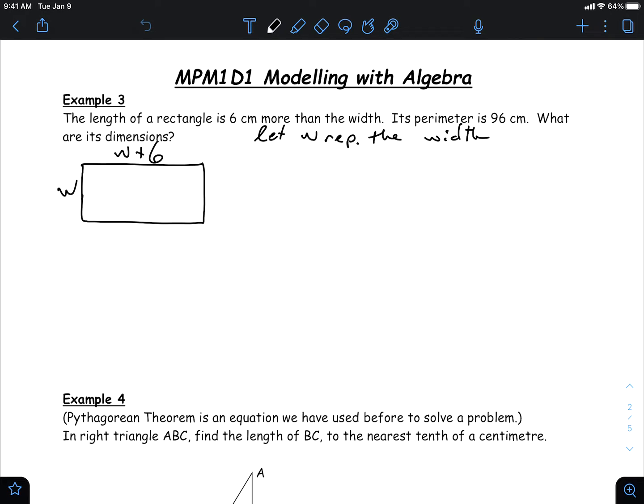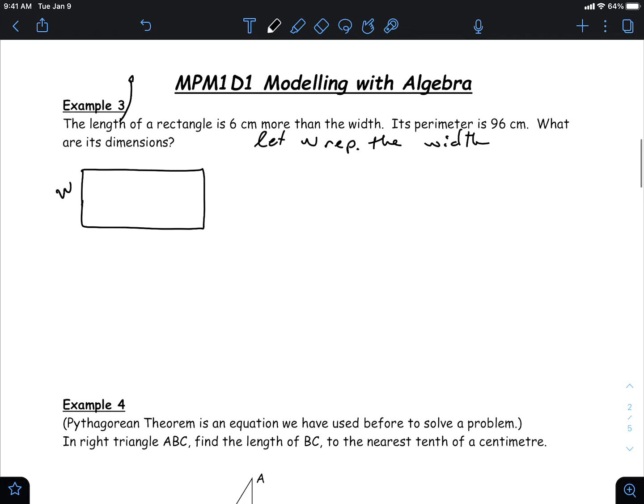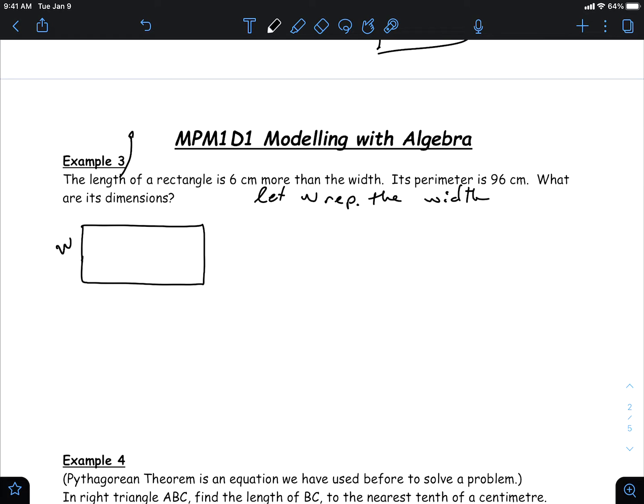If I backtrack here for a sec, I would have drawn my rectangle first, then drawn on the width, and then looked at the words. The words would have told me the length of my rectangle, this dimension right here, can be modeled.